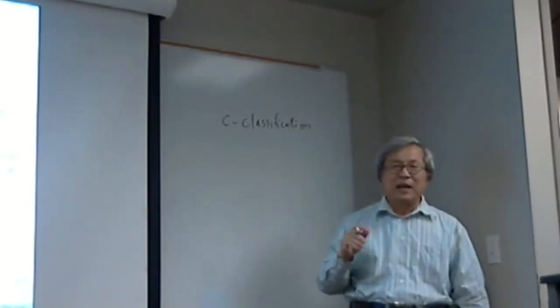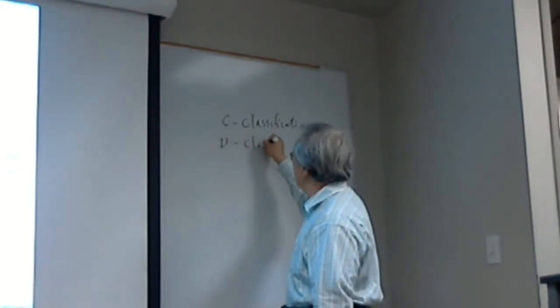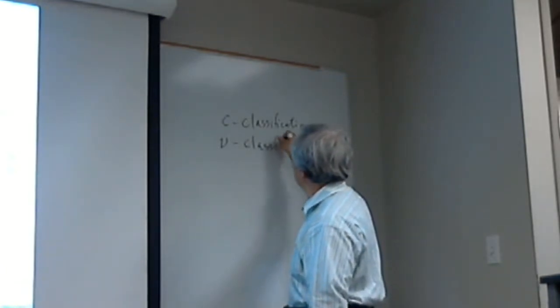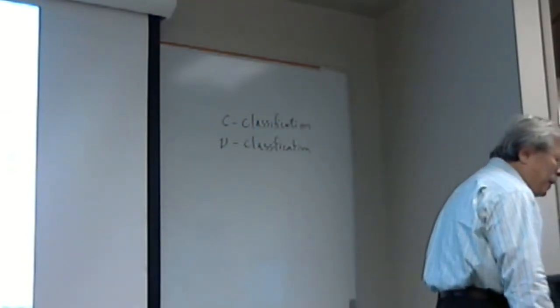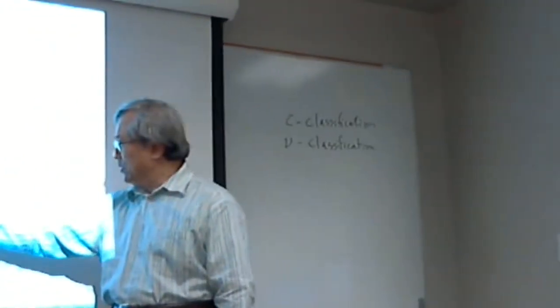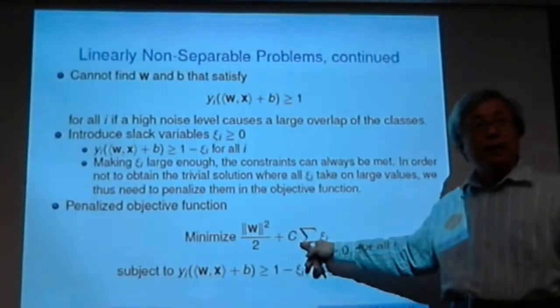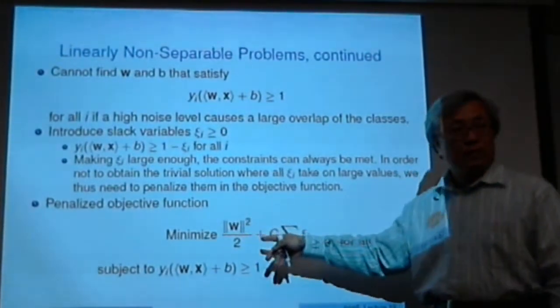The other type is called nu classification, which is Greek, later. What you have seen here is called C classification. Nu classification is different. I will put 1 over n here, 1 over the size of the data. And then here they penalize.